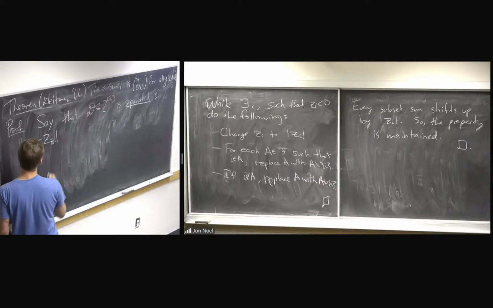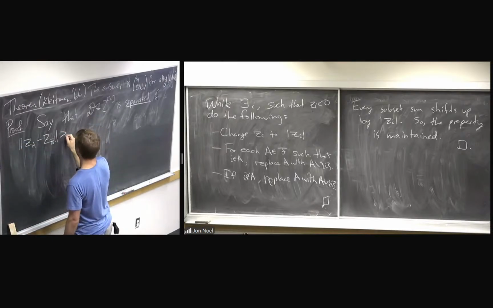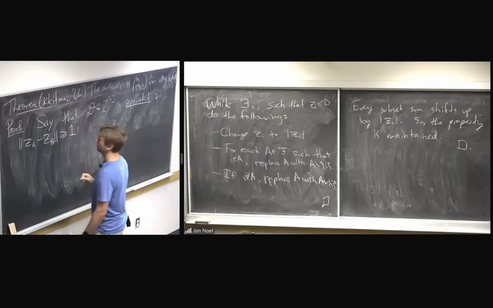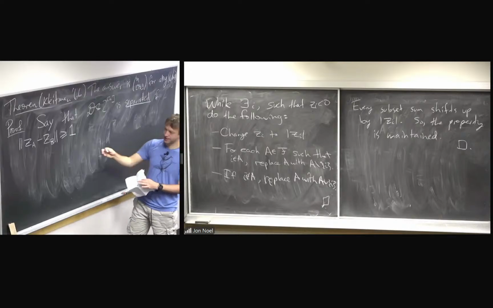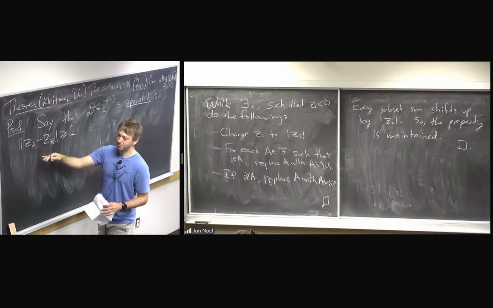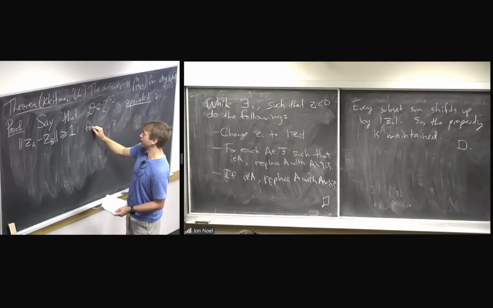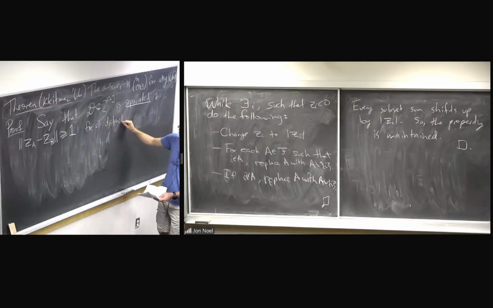So if I take A and B in the family, then the two subset sums are at distance at least 1, obviously unless A is equal to B. So for all distinct A and B in D.